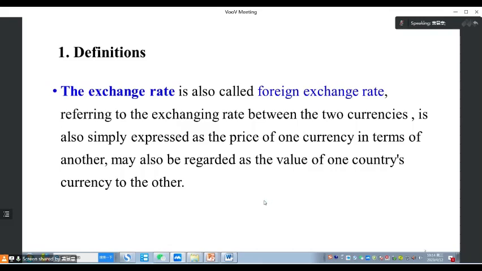Give an example. $1 equals 7 Chinese yuan. It means the dollar is valued by the Chinese renminbi or Chinese yuan.